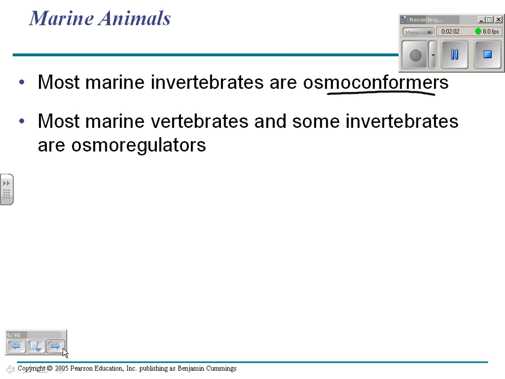That means your internal equals external. We talked about that with thermoconformers: you can be a temperature conformer if you're ectothermic. So their internal salt environment is the same as the external, but most vertebrates, most fish, have to regulate the amount of water they have.